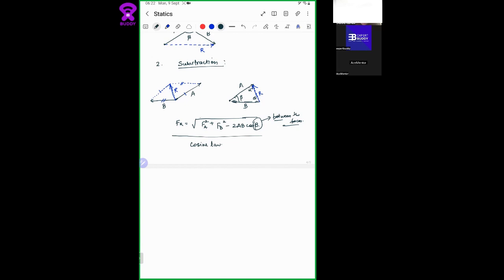Now, what is the sine law? In any triangle, whether it is addition or subtraction, you can find that the sine of the angle upon the force that is opposite to it have the same ratios.